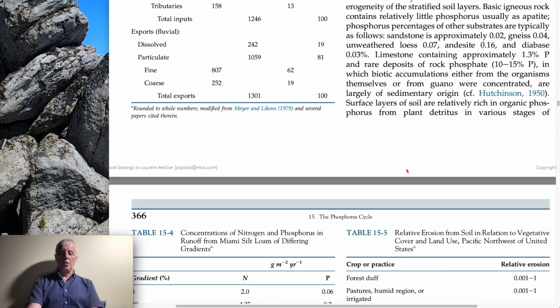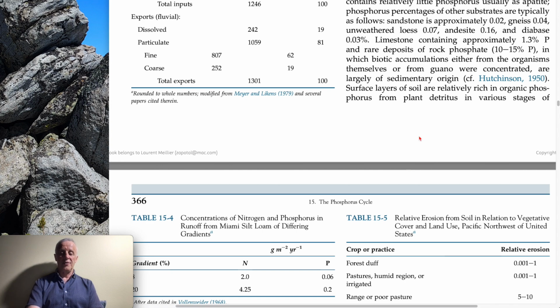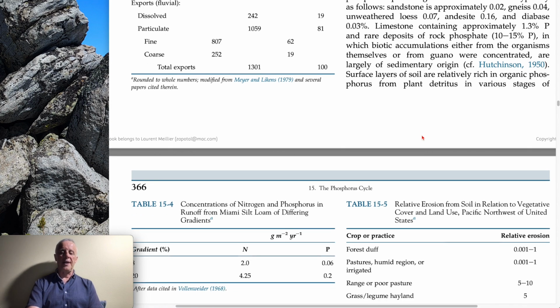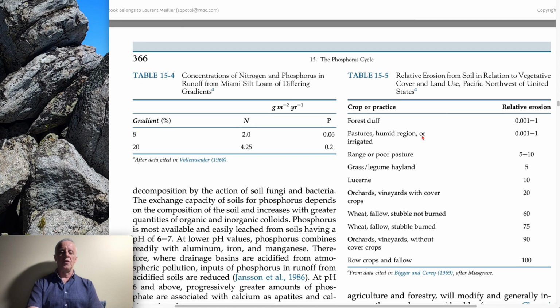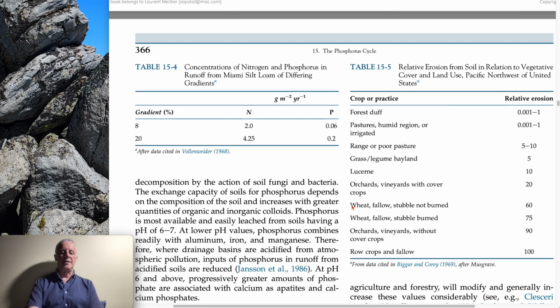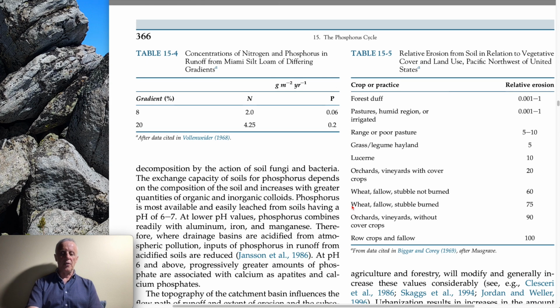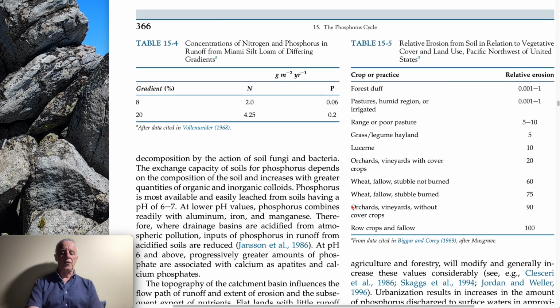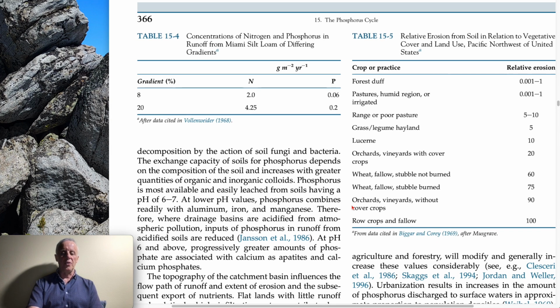Surface layers of soil are relatively rich in organic phosphorus from plant detritus in various stages of decomposition by the action of soil fungi and bacteria. The exchange capacity of soils for phosphorus depends on the composition of the soil and increases with greater quantities of organic and inorganic colloids. Phosphorus is most available and easily leached from soils having a pH of 6 to 7.